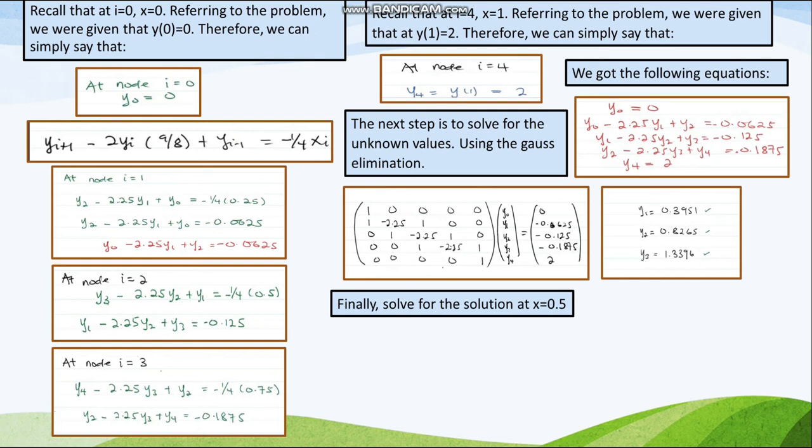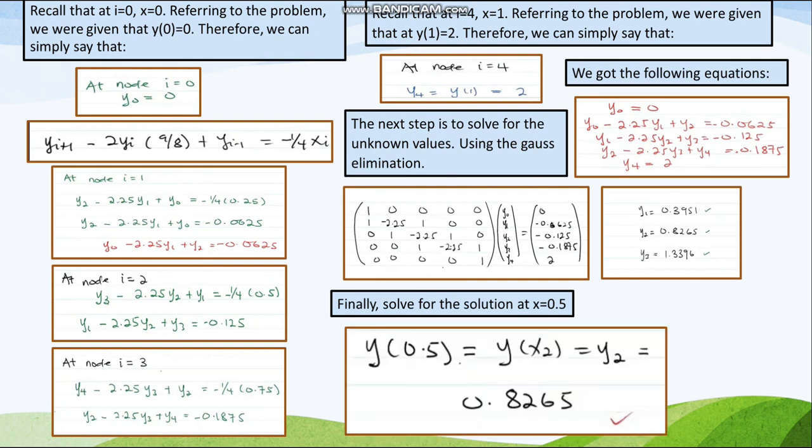Finally, we will solve for the solution at x equal to 0.5, which was asked in the problem. Recall that at x equals 0.5, i is equal to 2. This would mean that the value we were looking for is the value of y at i equal to 2, or y sub 2.